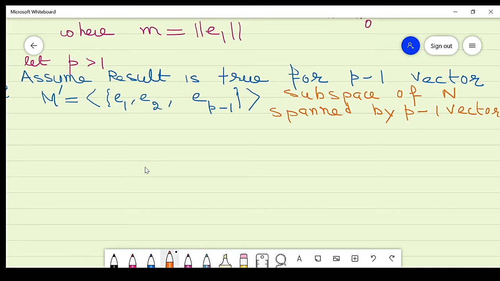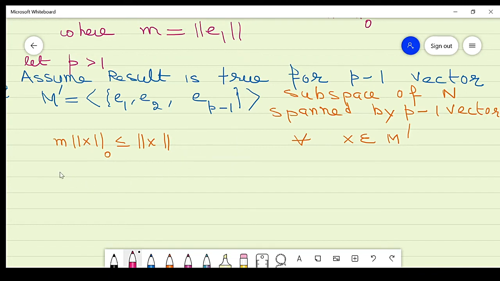Now from this we know that by induction for p minus 1 vectors, m into norm x0 is less than or equal to norm of x for every x belongs to M dash, because our result is true for p minus 1 vectors. And the first part is true for every p vectors, so that is also true for p minus 1 vectors. What is that result?